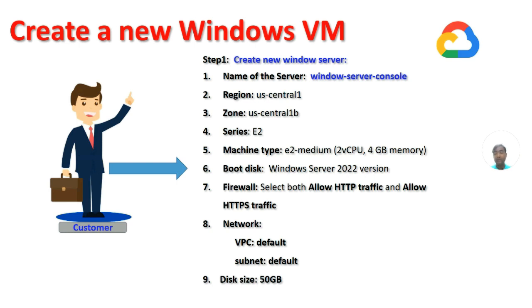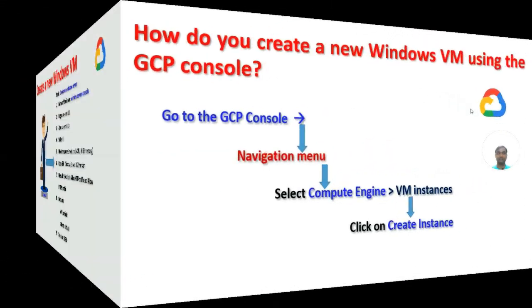For the firewall rule, you can select both allow HTTP traffic and allow HTTPS traffic. Network settings stay as they are, the default VPC and default subnet. You can change your disk size, like 50 GB, 100 GB, or 200 GB, based on your requirement, but in this example we'll consider the default disk size of 50 GB for the new Windows Server.